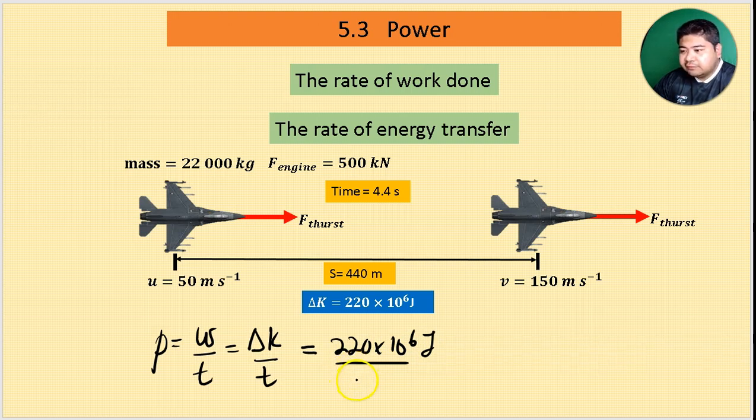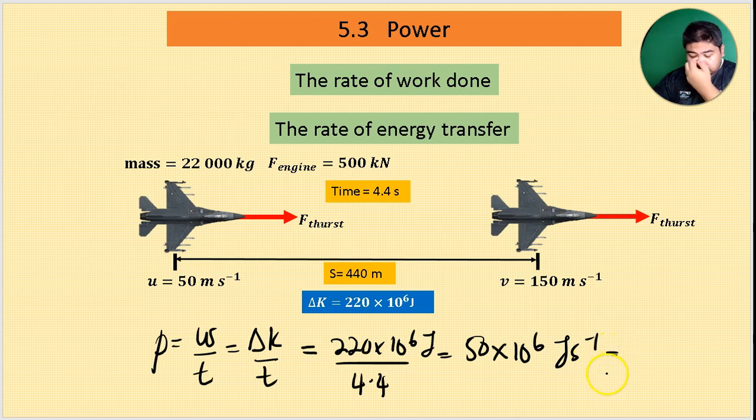It took 4.4 seconds. Divide by 4.4 and you are going to get 50 times 10 to the power of 6 joules per second, or we normally write it as 50 times 10 to the power of 6 watts. The watt is the unit for power.